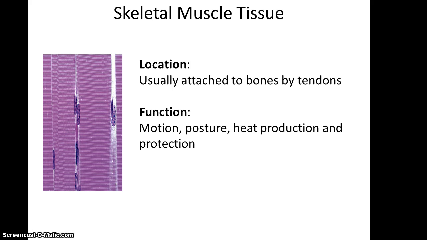They are usually located at places where they are attached to bones by tendons, although they can be attached to other things, and their main functions are motion, posture, heat production, and protection of deeper internal organs, like the muscle sheets found at the anterior side of our abdomen.